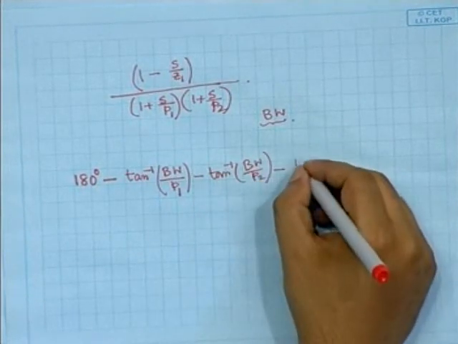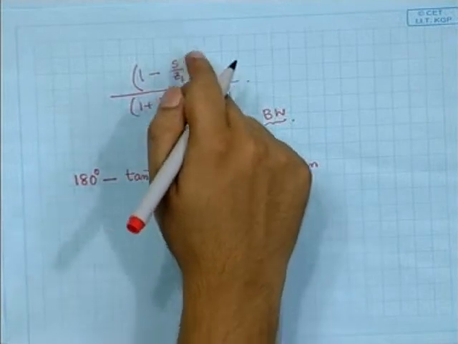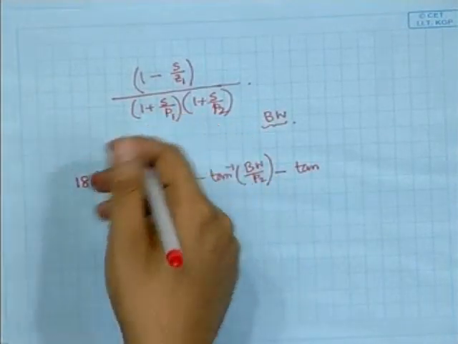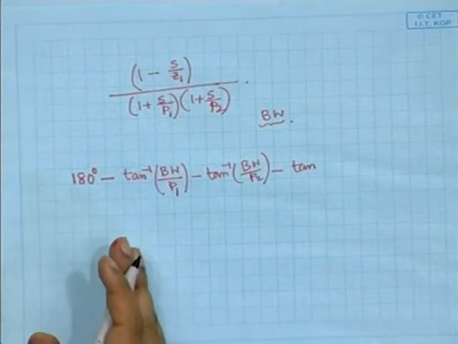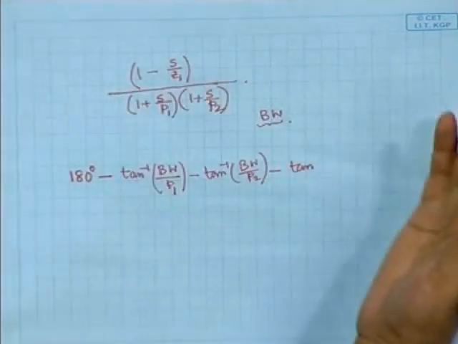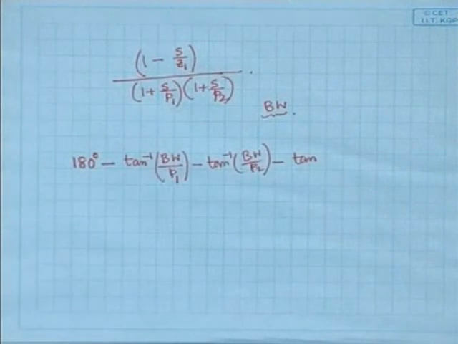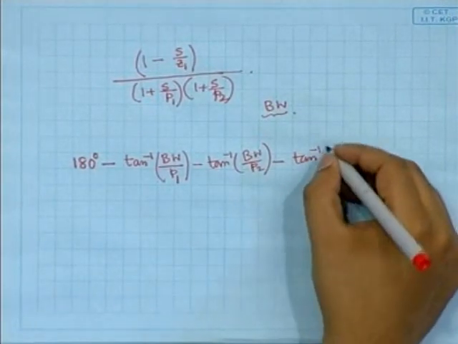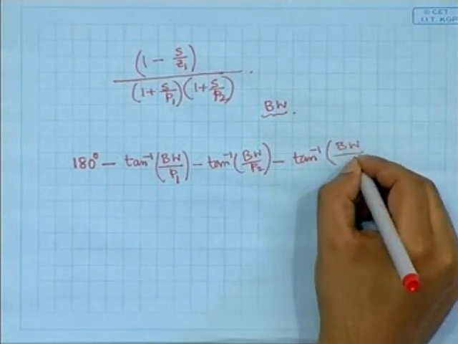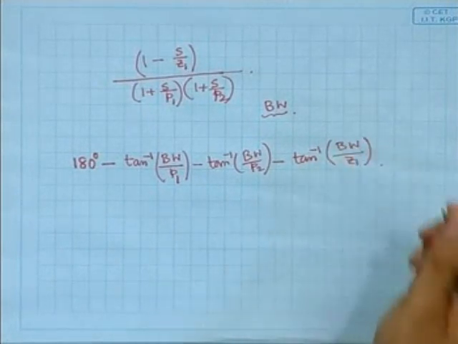Actually, what does a pole do? A left half plane pole increases the gain and decreases the phase. A zero is of the opposite order; it increases the gain but decreases the phase. So tan inverse of BW by Z1.